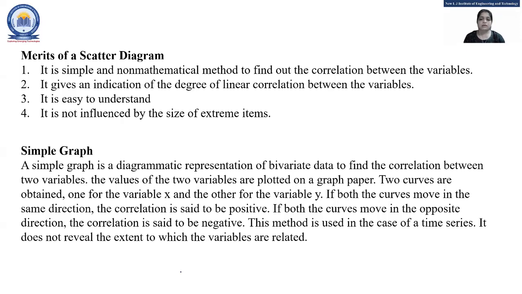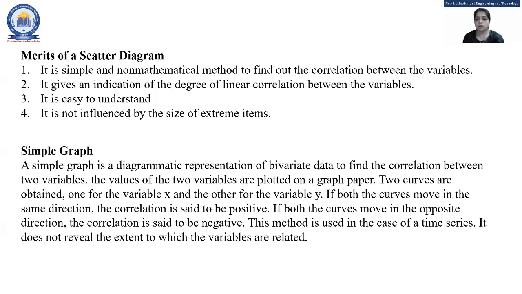And the second method, that is the simple graph. This method is a diagrammatic representation of bivariate data to find the correlation between the two variables. The values of the two variables are plotted on graph paper. Two curves are obtained, one for the variable x and the other for the variable y.